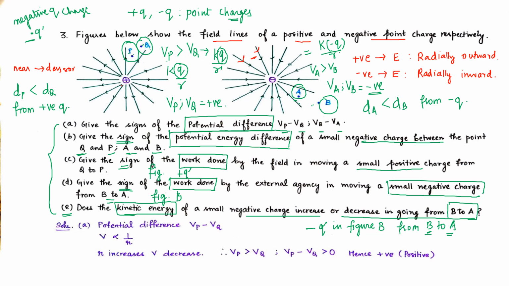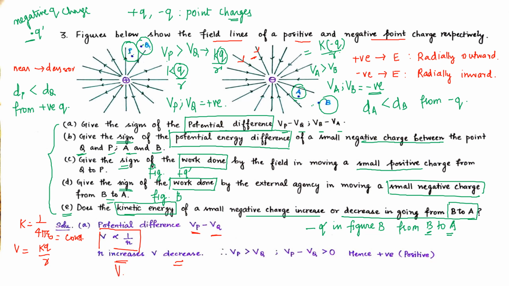How we are attempting to solve it is that we have to find the potential difference Vp minus Vq. We know that potential is given as KQ upon R, where K is given by 1 by 4 pi epsilon naught, which is a constant. So V is proportional to 1 by R. If R increases, V will decrease.